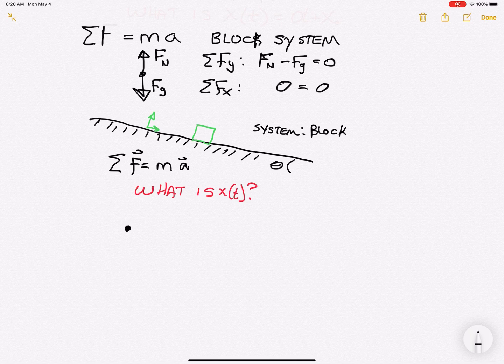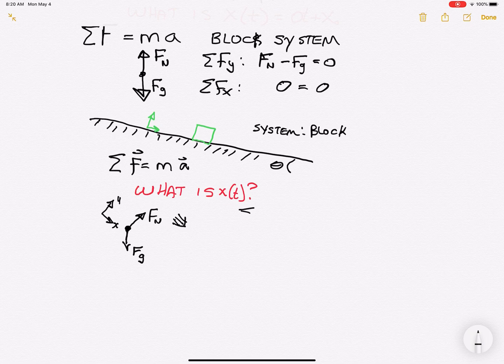We'd have the normal force perpendicular to the surface, the weight force coming down, force normal, force of gravity, and remember we're going x and y, and we know from prior experience that we should expect an acceleration down the incline.